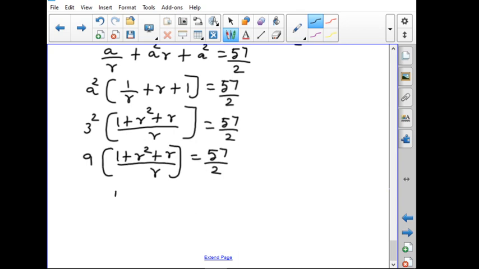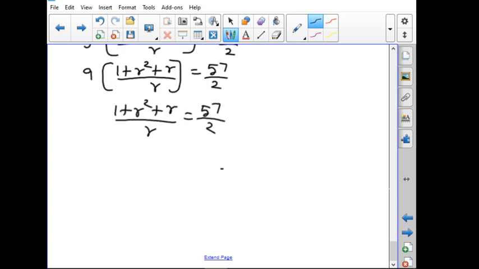Next, 1 plus R squared plus R by R equal to 57 by 2. Bringing 9 to this side, it becomes divide, so we get 1 by 9.